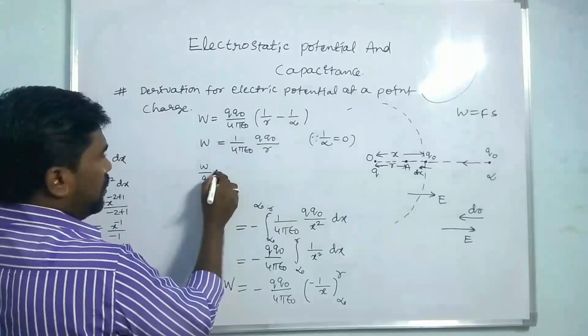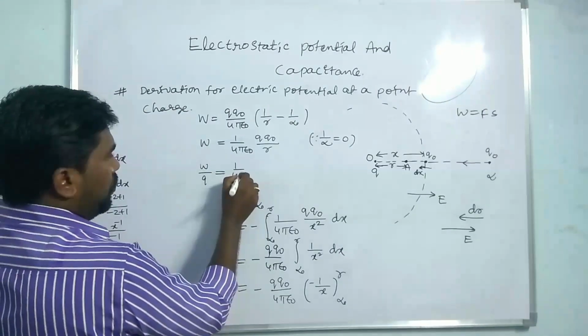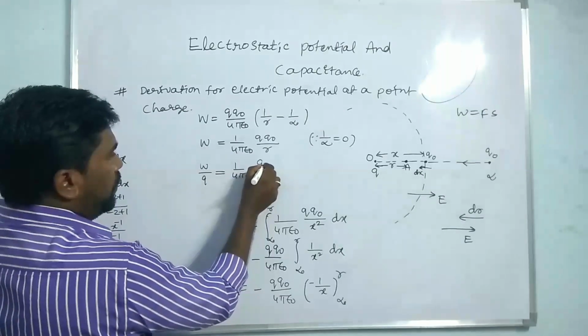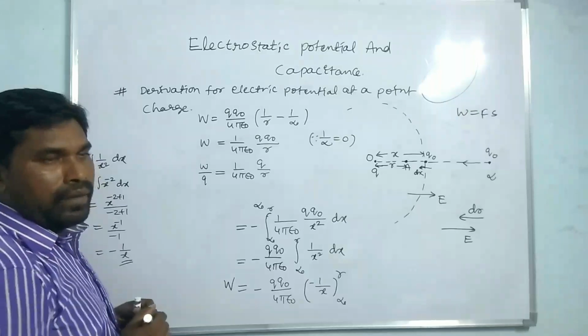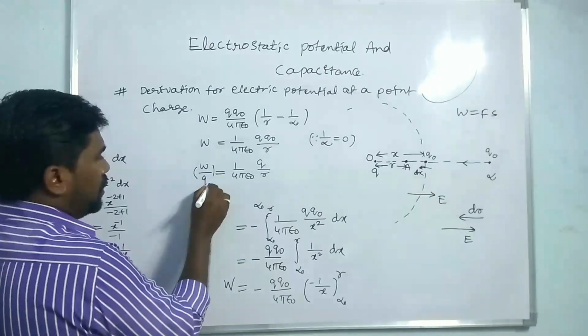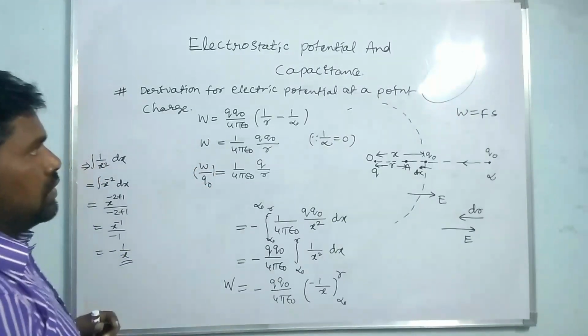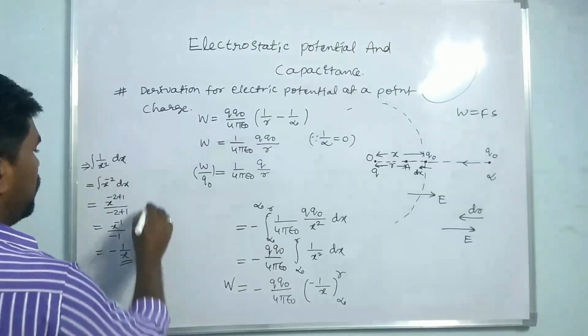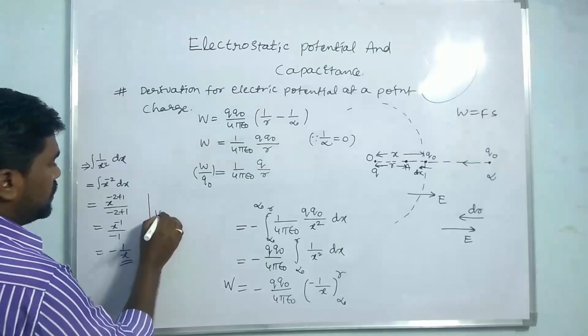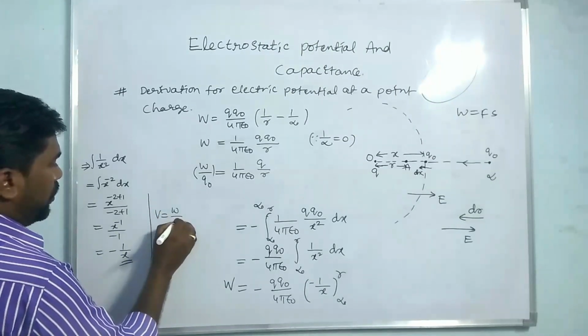This q naught will come to this side, 1 by 4 pi epsilon naught q by r here. So what is W by q naught? Already we wrote the definition of potential, V is equal to W by q naught.